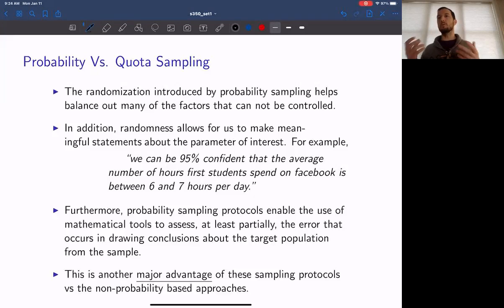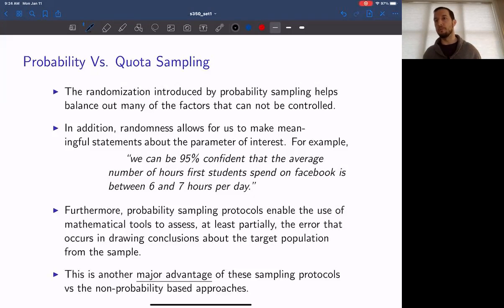So when you compare this particular non-probability sampling scheme to a simple probability sampling scheme like simple random sampling, in the end, the probability scheme is going to give us more statistical capability than the non-probability sampling scheme would. But again, neither situation is perfect. I don't want you to leave here today and say, well, this is bad and this is good.